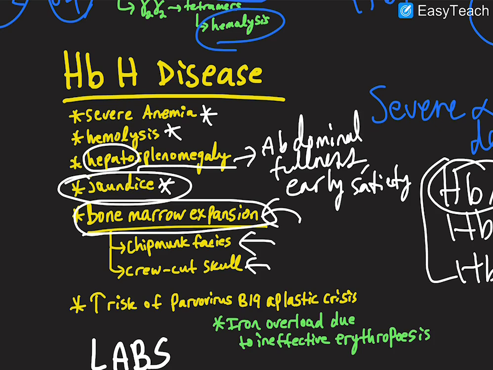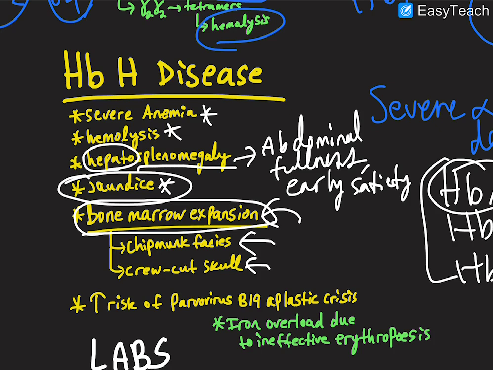Again, let's make this clear. First, let's talk about the fact that we have ineffective erythropoiesis. That's really important to remember. Why do you have ineffective erythropoiesis in your normal bone marrow, in your long bones, for example? Because you're not making normal hemoglobin. So your red blood cell precursors in your red bone marrow start getting destroyed, and you're not able to make functional red blood cells as much as usual.